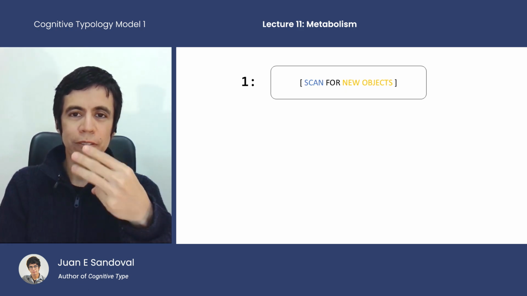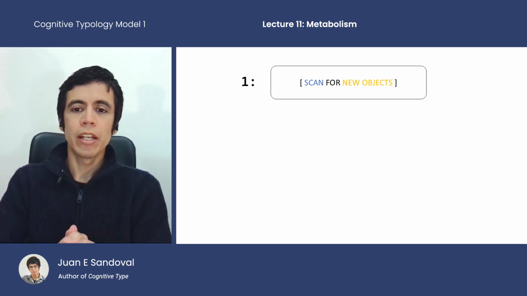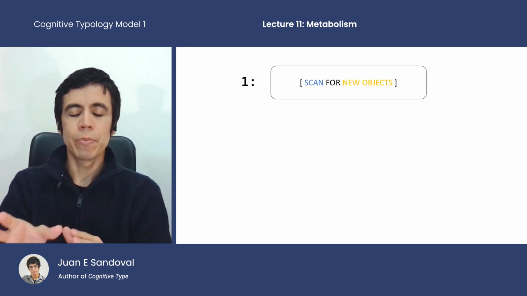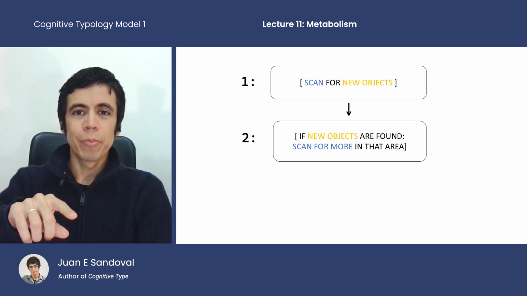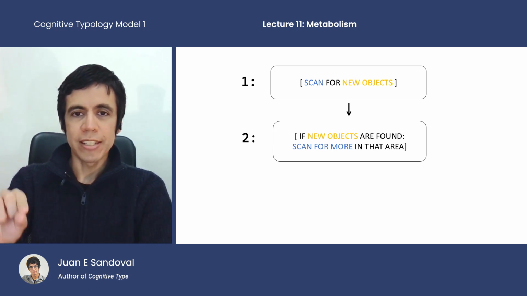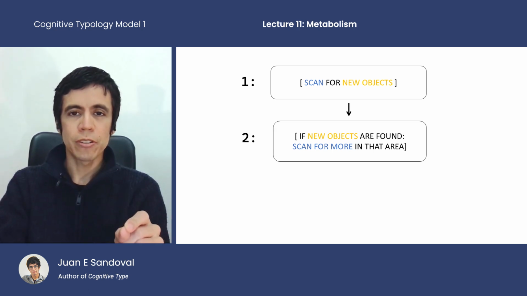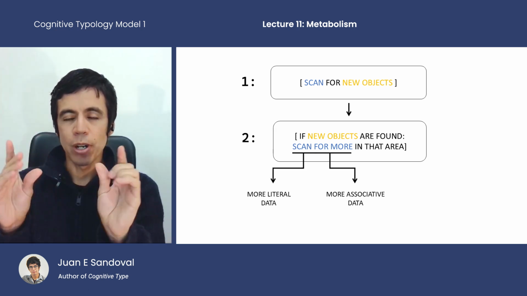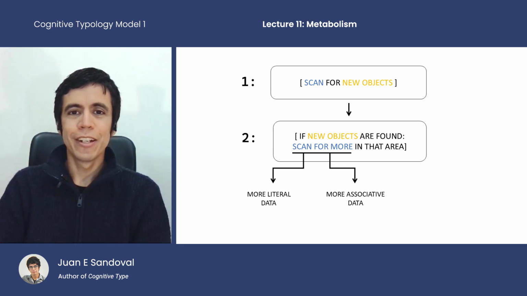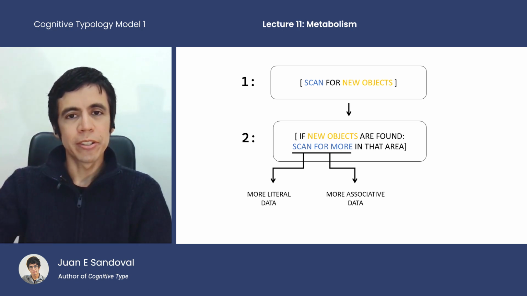So going back to these three fundamental aspects of PE that make up the algorithm, so to speak, the first part of it, scan for new objects, that much remains the same between both SE and NE. But in the next part here where it says, if more objects are found, scan more in that same region, that means something different to both of these functions. And that's because scan for more as an operator is metabolized differently between S and N. So for S, scan for more means obtaining more literal data.